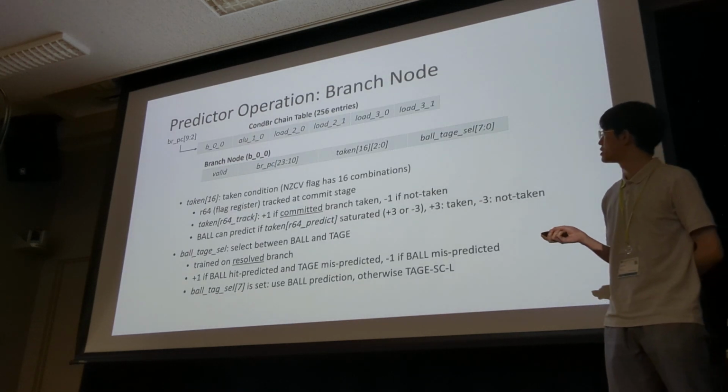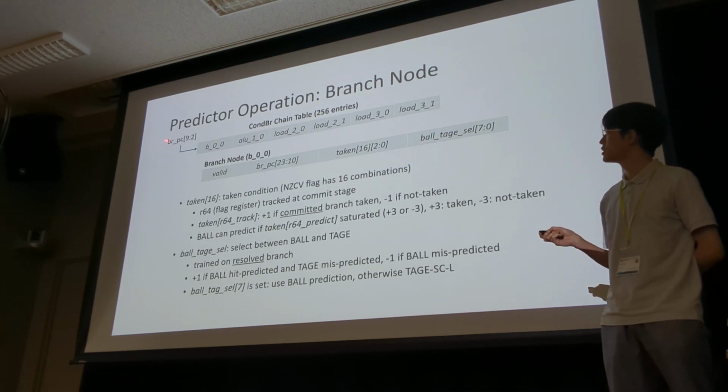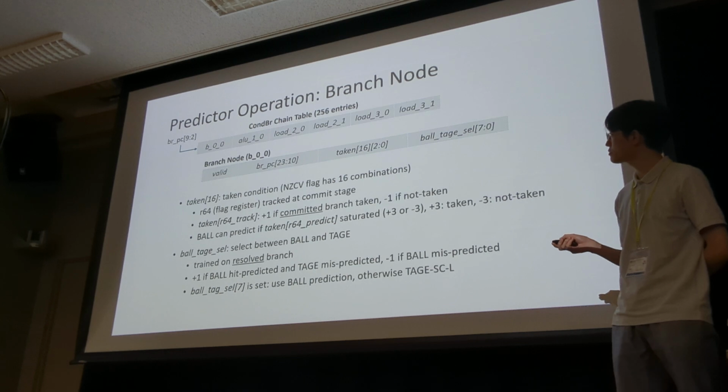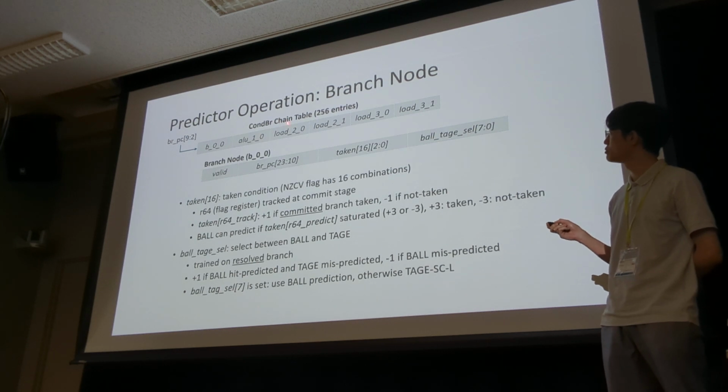When the chain is built, the information is recorded in the conditional branch chain table, which is directly mapped, indexed and tagged by branch PC. There is 1 branch node, 1 ALU node, and 4 load nodes in the conditional branch chain table.